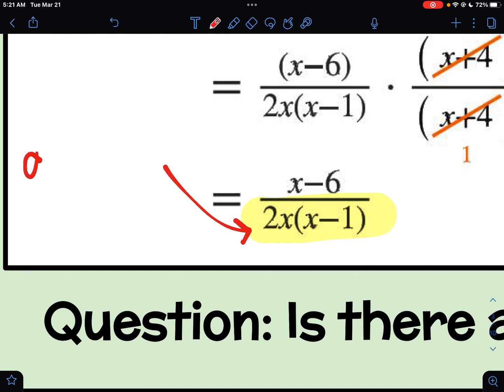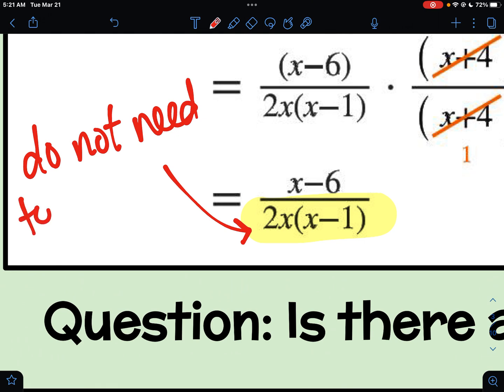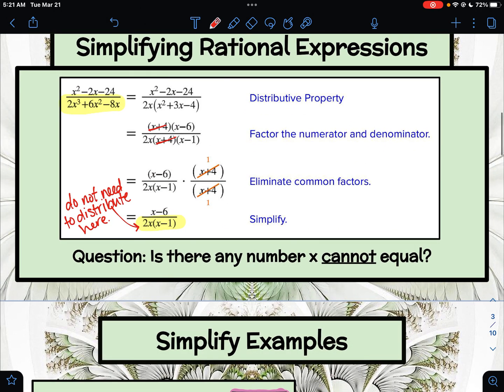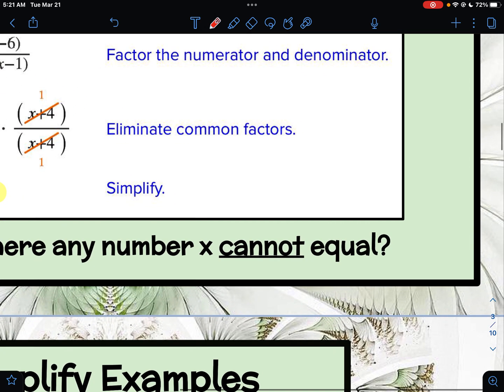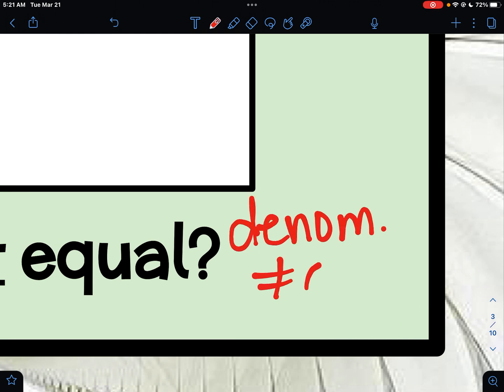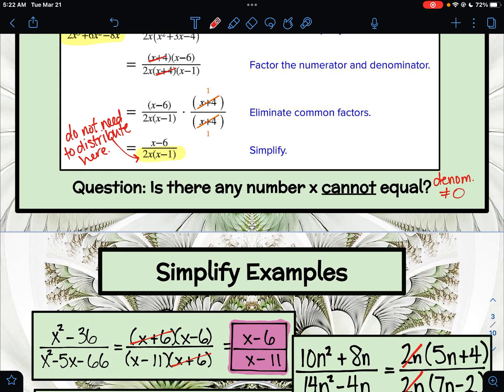Do not need to distribute here. Okay, so that would be your final answer. Again, we need to think, is there any number that x cannot equal? So we're just going to remind ourselves again, the denominator cannot equal 0.